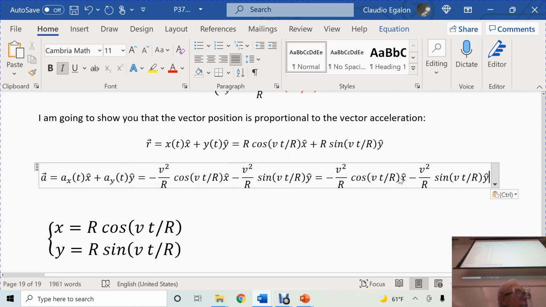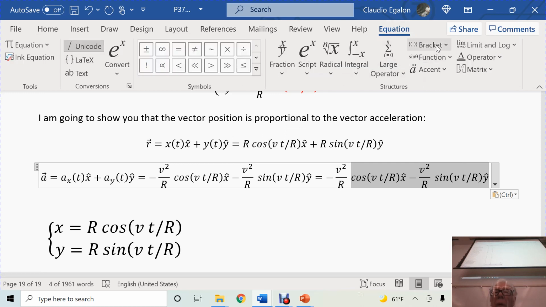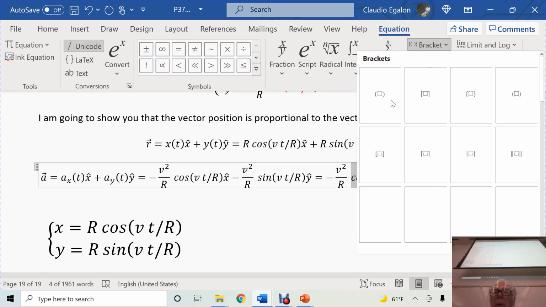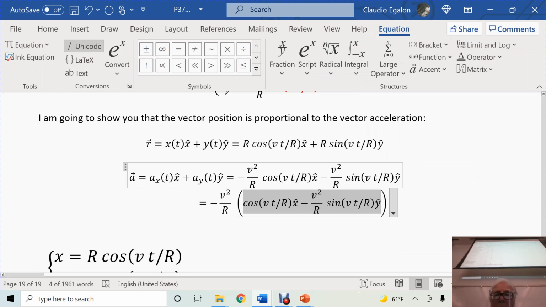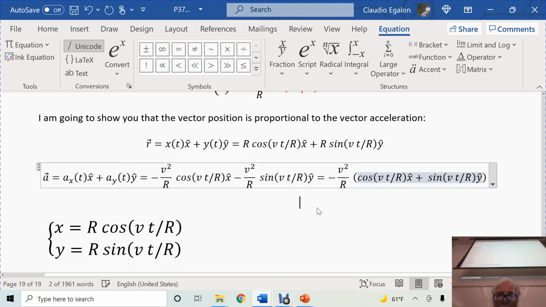We're almost running out of time. I'm going to put the minus v squared over r in evidence. Okay, and the minus in there, and here we go.